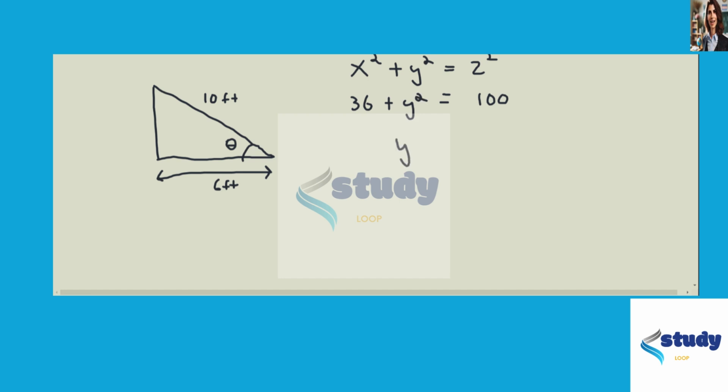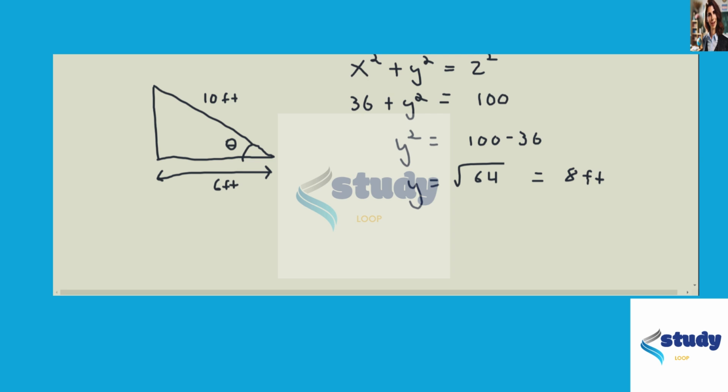So now we solve for y squared equals 100 minus 36. And y will be the square root of 64, because we know 100 minus 36 is 64. So we're left with 8 feet. So our 8 feet will be our y.